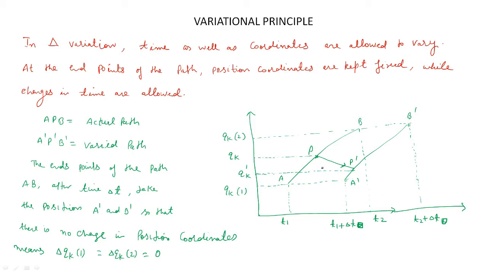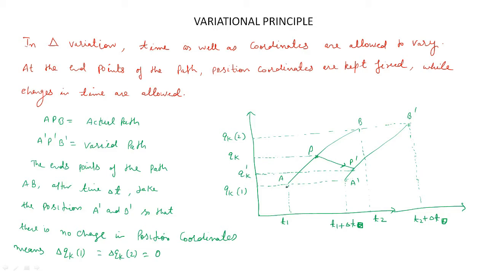Here you can see that APB is the actual path and A'P'B' is the varied path. After delta t time, we see that the position of the point P changes to P dash. So the time is also varied and the position is also varied.